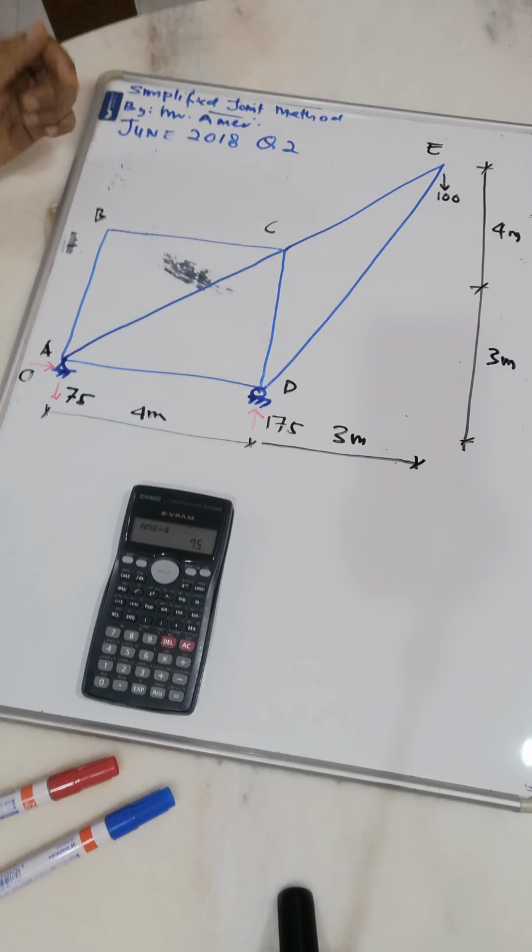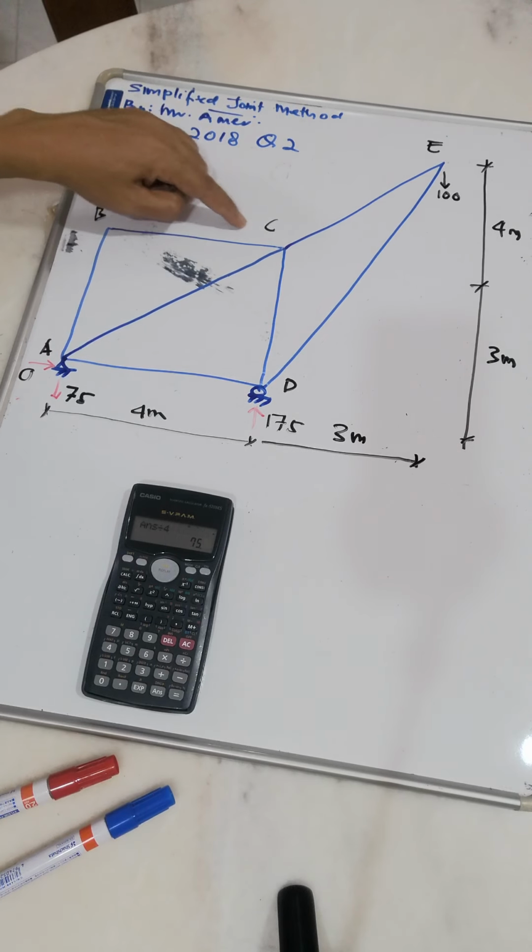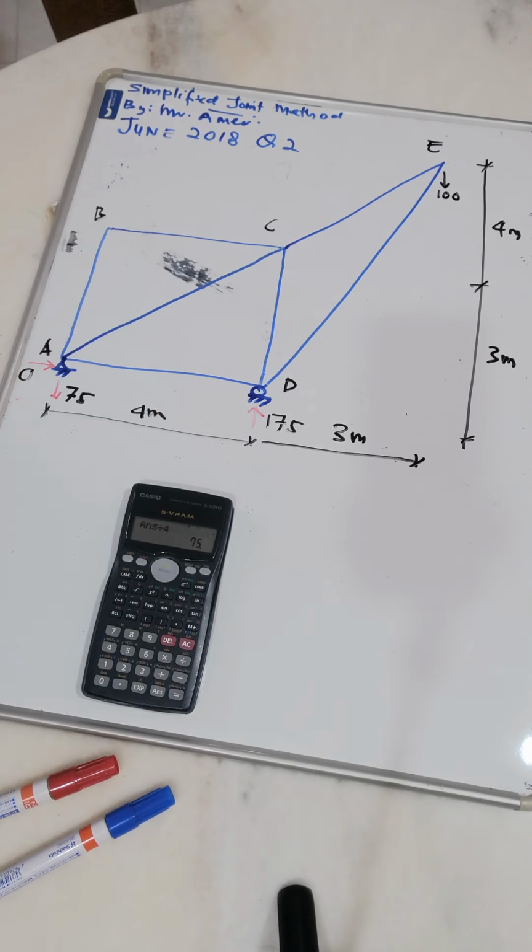Next we will analyze the forces at A, B, C, E and D. Before we analyze, it is better to decide how many unknowns there are at every joint. At A there are 3 members.